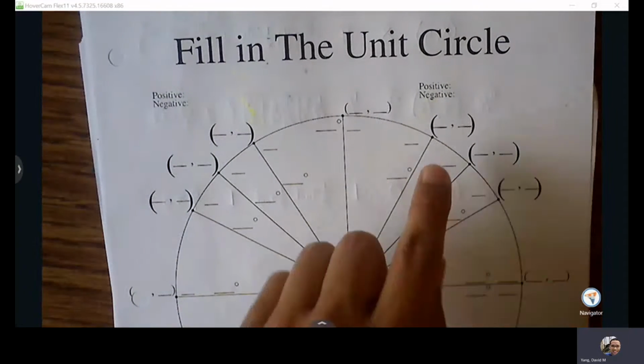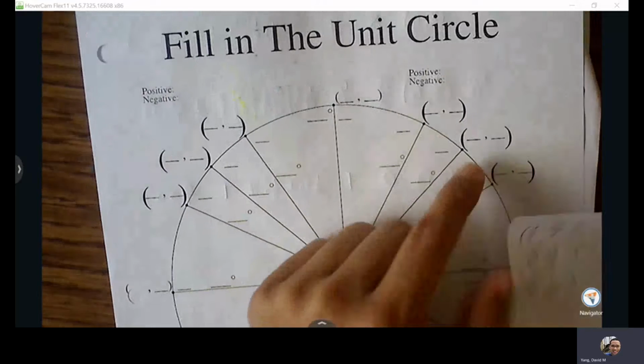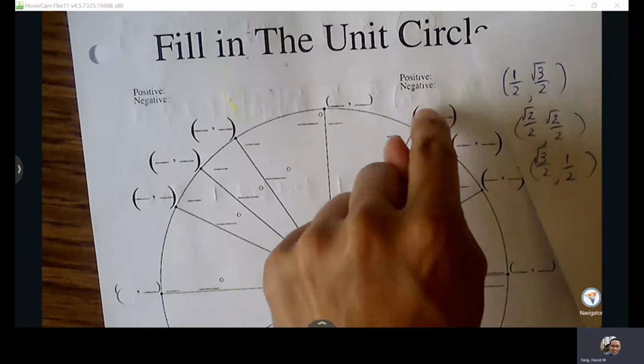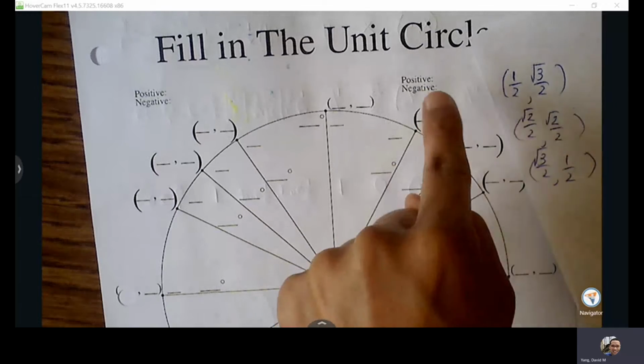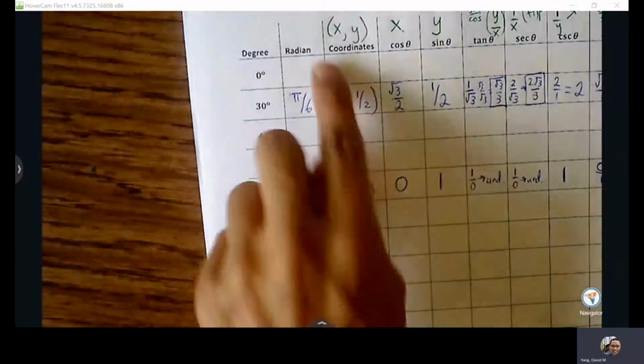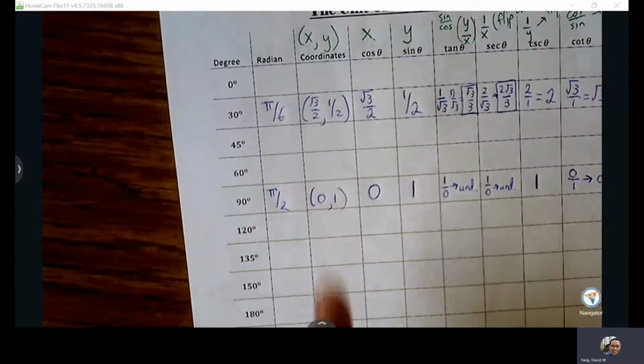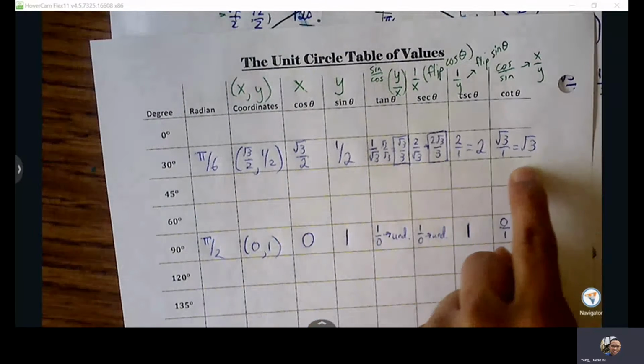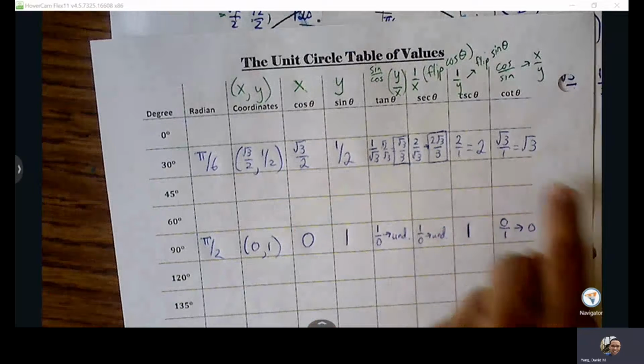And all your ordered pairs are going to be built off of that little pattern that I showed you. Then you can list out all your radian measures, list out all your coordinates, and then use the coordinates to build all the trig values at those special angles.